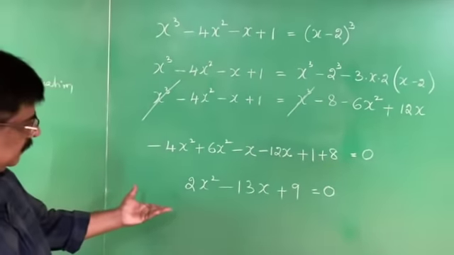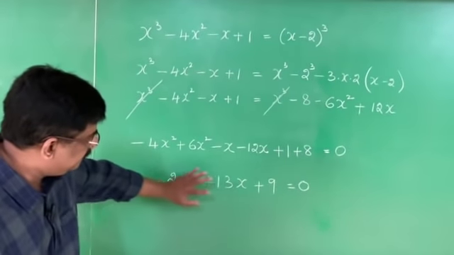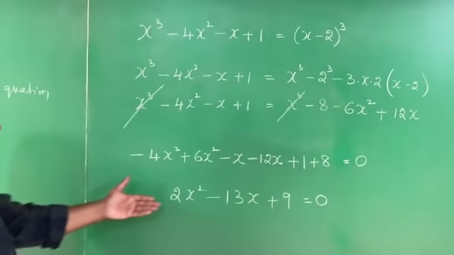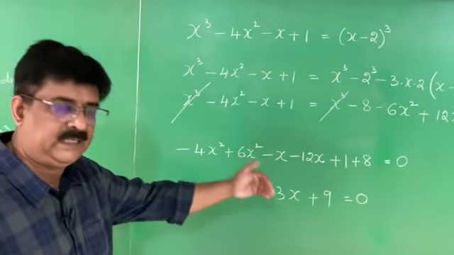Now see this. ax square plus bx plus c is equal to 0. This is in the form of ax square plus bx plus c is equal to 0.